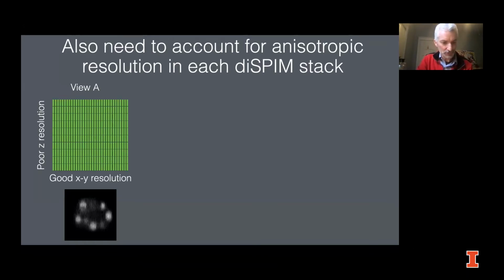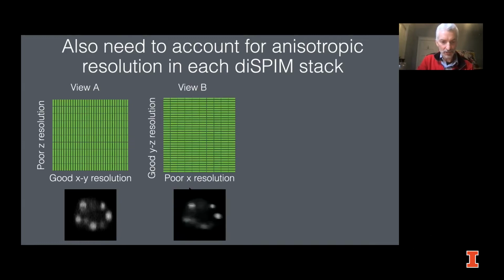The axial resolution is set primarily by the thickness of the sheet that you bring in, but for a variety of reasons, that can't be made quite as good as the XY resolution. So for view A, if you're just looking at a conventional fluorescent sample, with none of these angular effects I've just been talking about, and you look at a sagittal slice extracted from this plane, from this stack, it's going to look blurred in the Z direction.